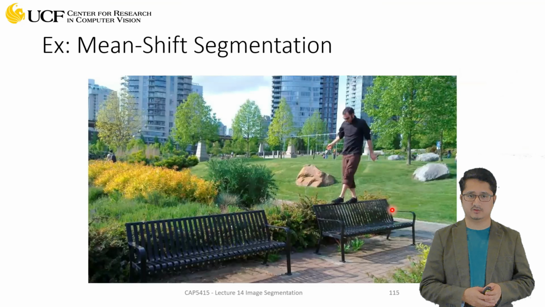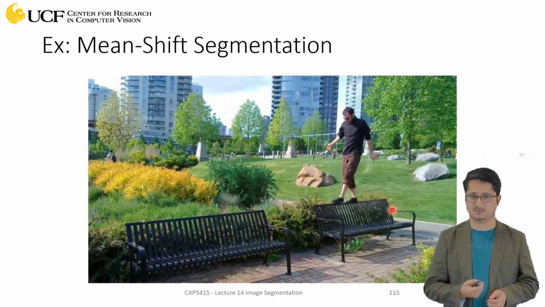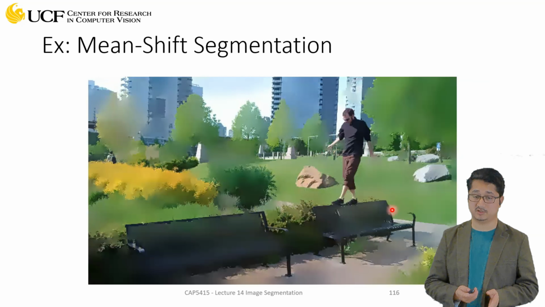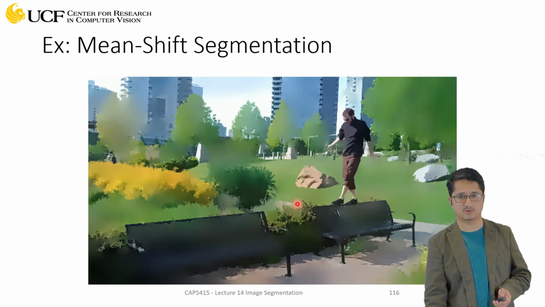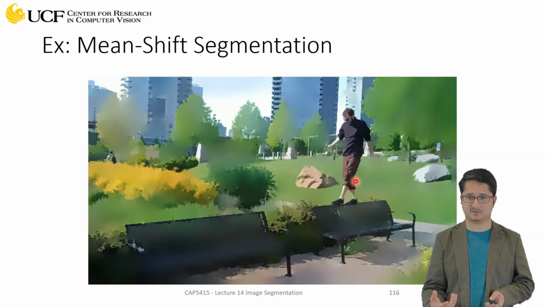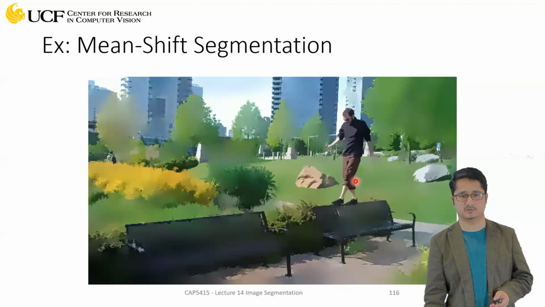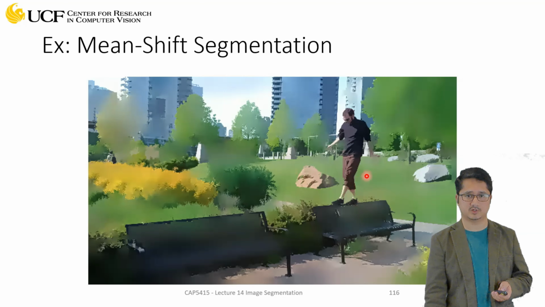Now let's quickly look at some sample images, and how mean shift gives you segmentation. So this is the input image, and you can get something like this. This is just showing different colors, and you can see the whole green patch over here was detected as one segment, which is quite different from the result we expect from an algorithm like SLIC.